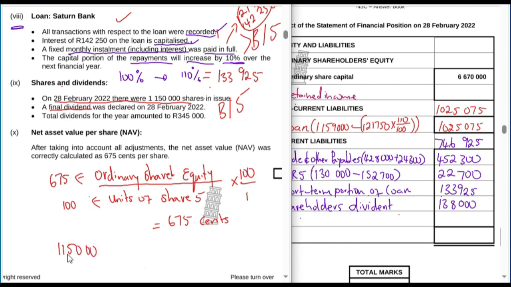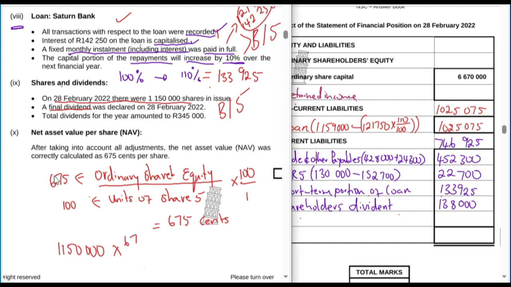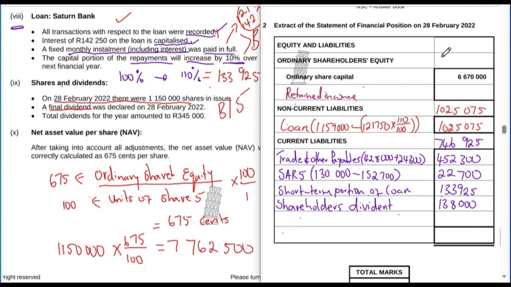What we have is the units of shares, it's been provided to us. But what are we looking for? We are looking for ordinary shareholders equity, which is 675. We are looking for its amount, divided by the units of shares, which is 100, and then it's going to give us how much? 7,762,500.